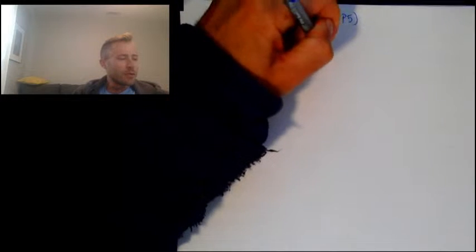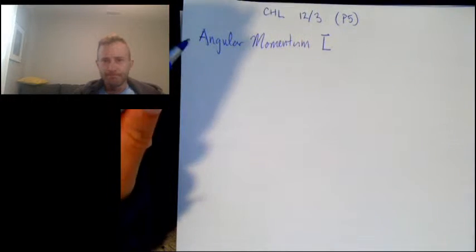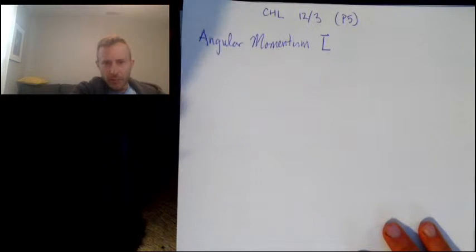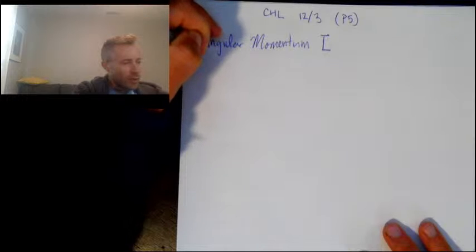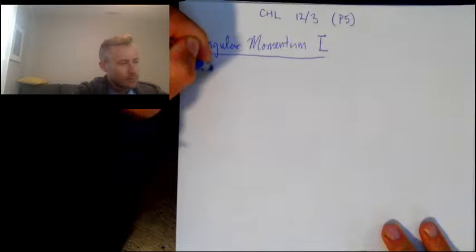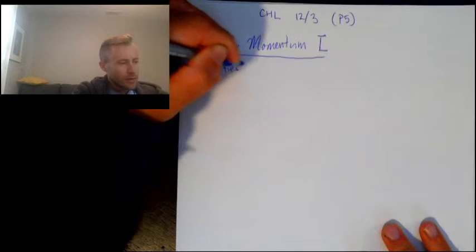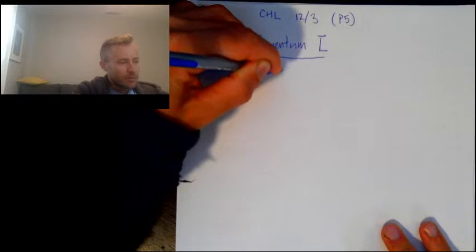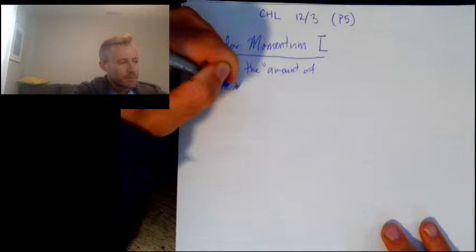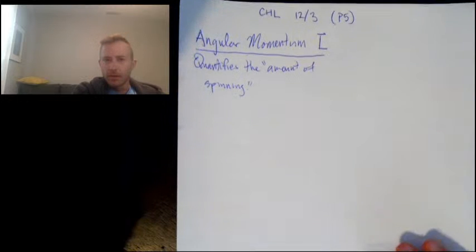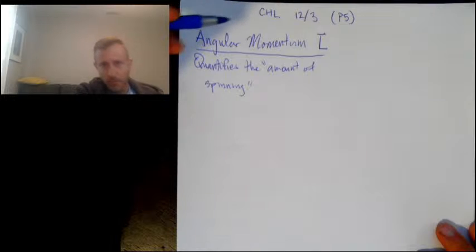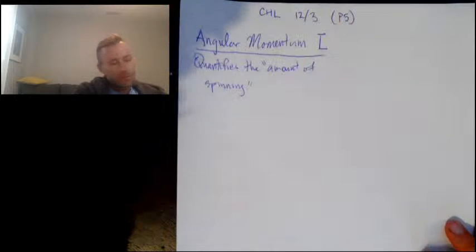And angular momentum is denoted by L. And intuitively speaking, angular momentum kind of quantifies the amount of spinning. That's what angular momentum quantifies, how much spinning is happening. In some sense.